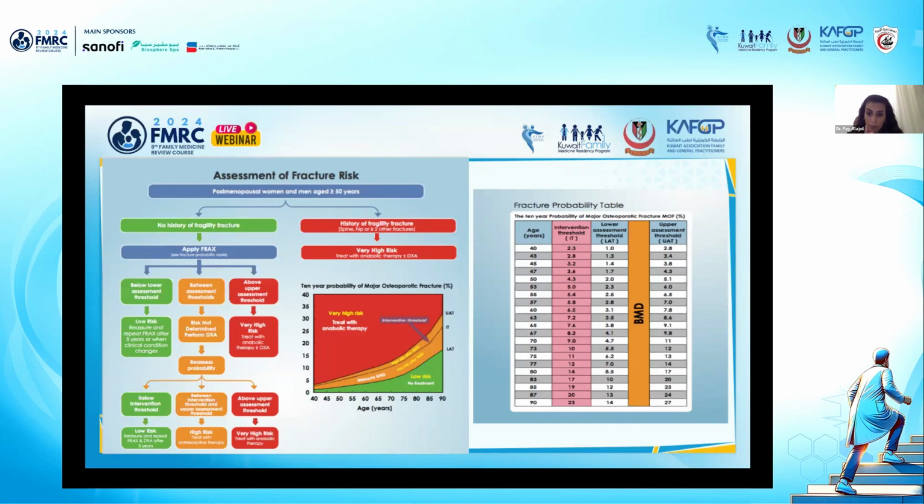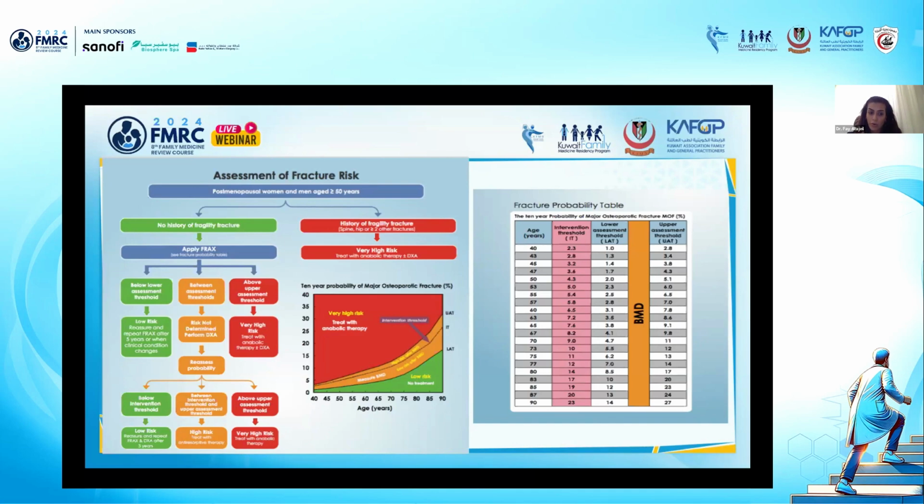So you will look at the pink column and you will look at number 5 and you will compare it to the intervention threshold at 60 years old. It will be below the intervention threshold. So this patient now is considered in the green zone.